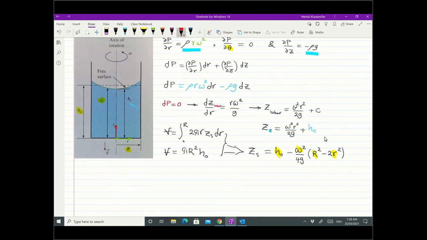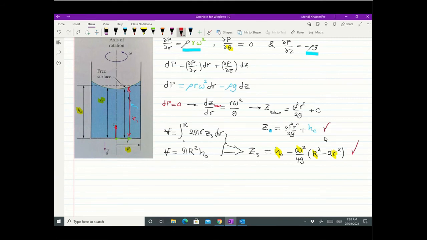So you can get this distance, which is Zs, using this formula. So this is another formula we found.